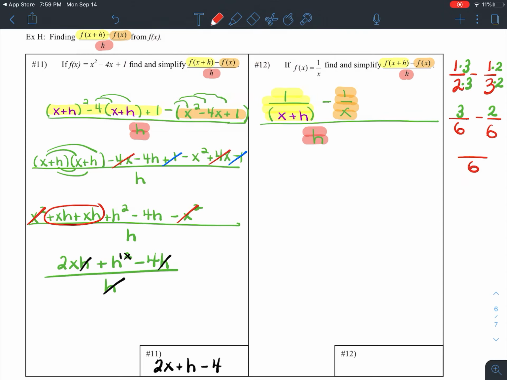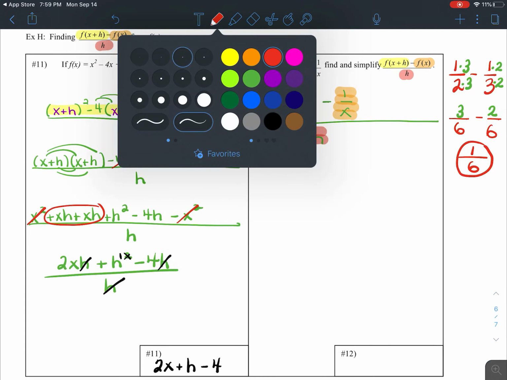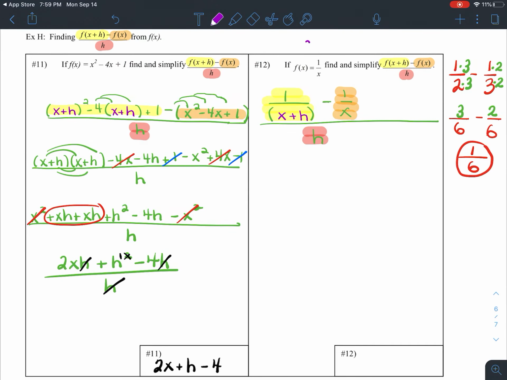So I have 3 in this numerator and 2 in that denominator. Once these have the same denominator, when you combine them, you do not subtract the denominators. The common denominator stays, but you move across the top and subtract the numerators for an answer of 1/6. I show that to you because that's what we're going to do with these 2 fractions here in the numerator.